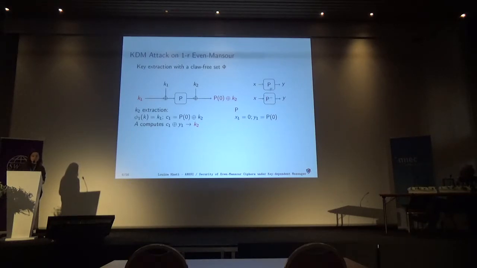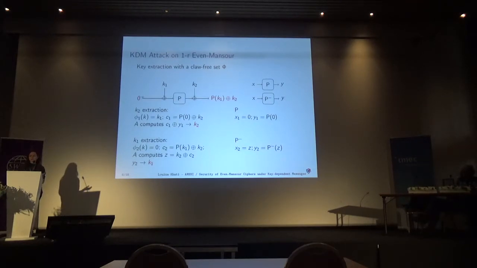He will ask 0 to p, he will have p of 0, and then he will XOR this ciphertext to this value y1, and he will extract key2. Now that he has key2, he can also extract key1. So the adversary can ask to encrypt the value 0, and the output will be this output. Then, as the adversary already has key2, he will XOR key2 to this ciphertext, and he will end up with the value z, that is p of key1.